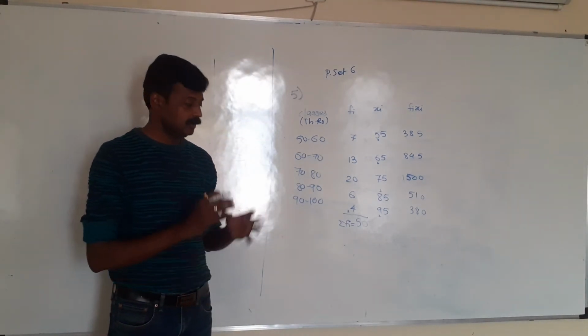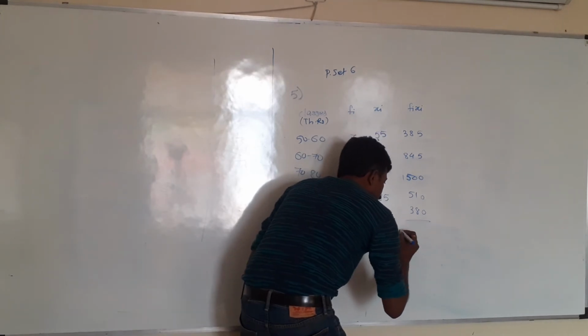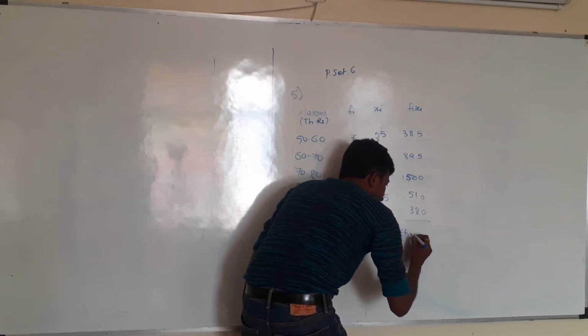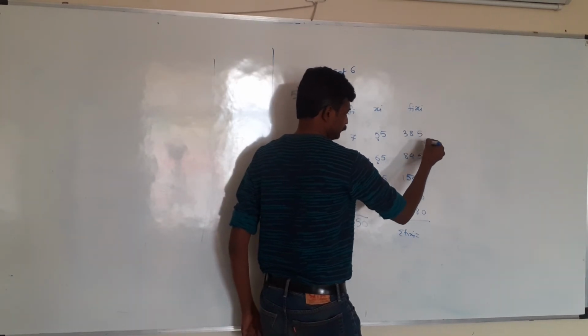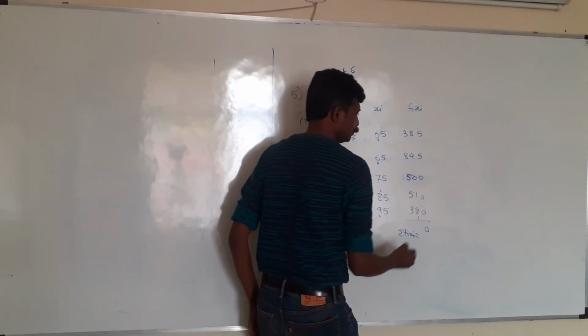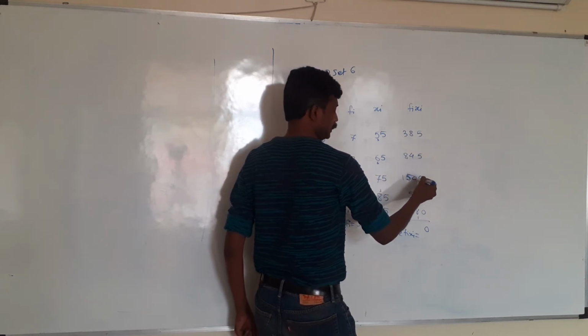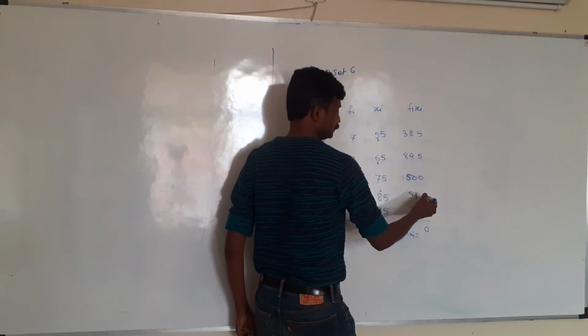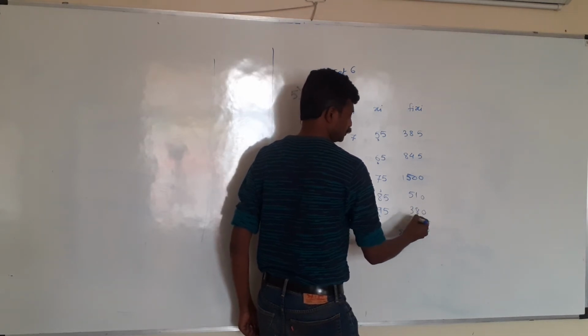Now we need to have summation of Fi Xi at the end. Summation of Fi Xi column. So for that, unit places will add first. 5 plus 5, 10. So 0 carry 1. Then 10 plus 8 plus 4, 12. 12 plus 1, 13. 13 plus 8, 21. 21 plus 1, 22. So 2 carry 2.